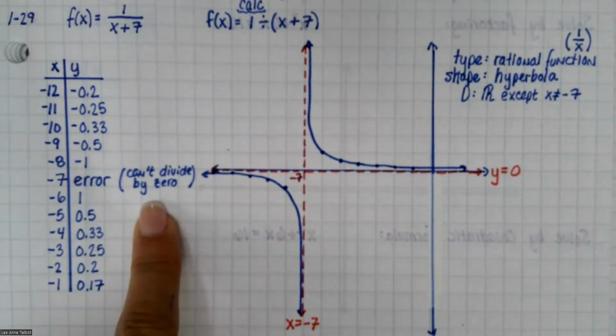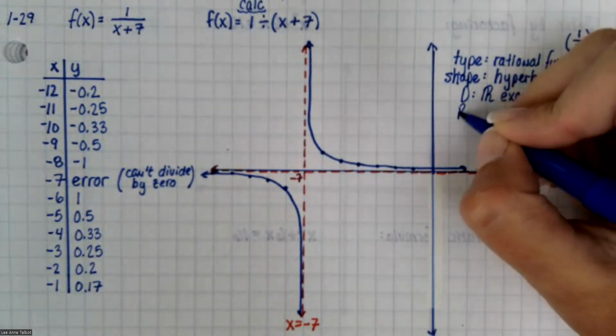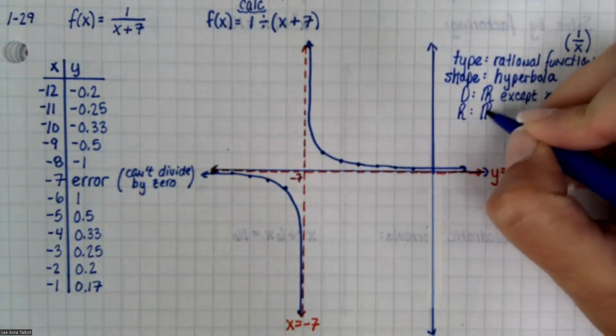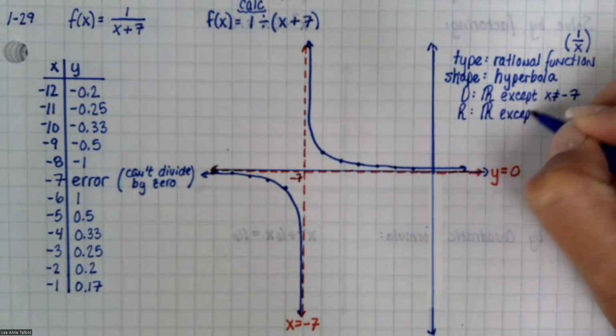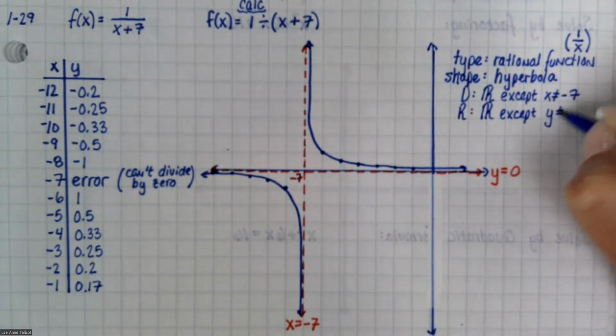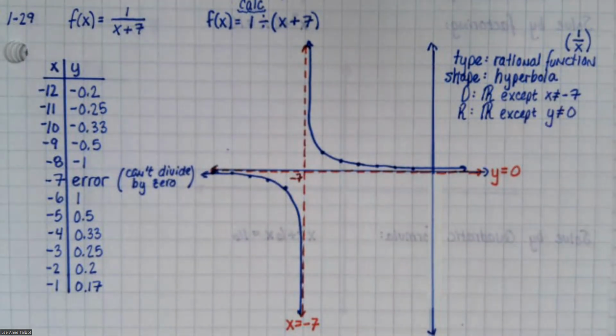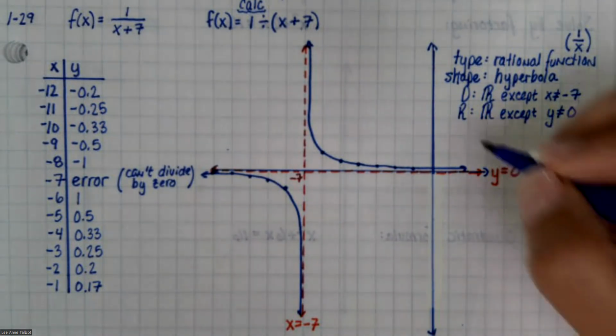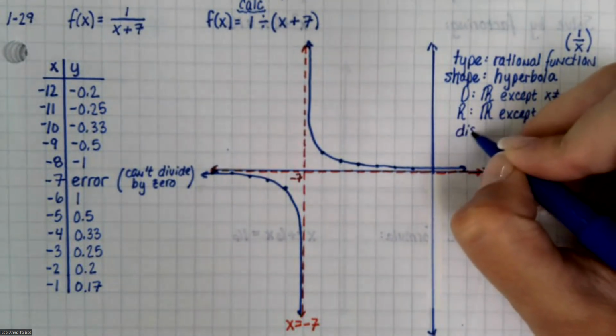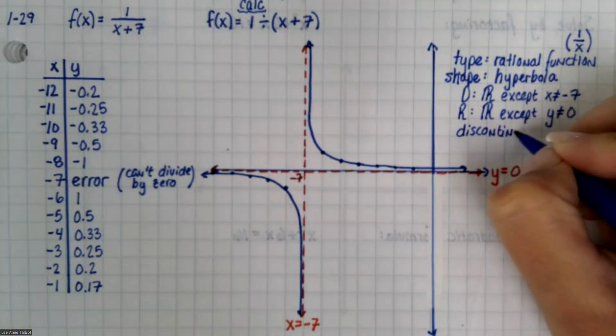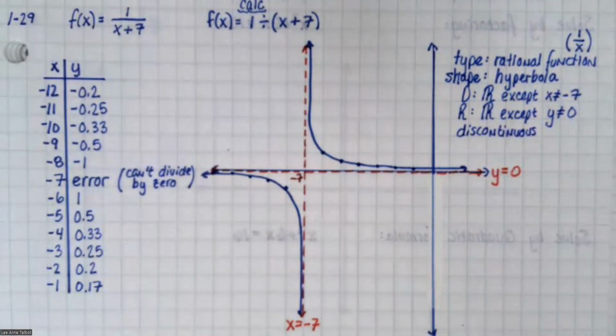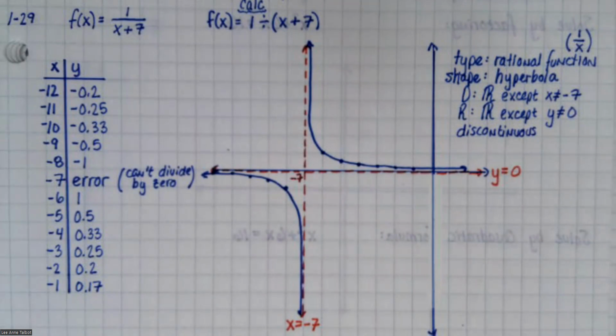Because you can't divide by 0. And this guy is discontinuous because I have to pick up my pencil to do the other part of the graph.